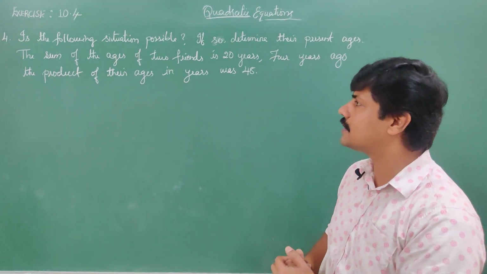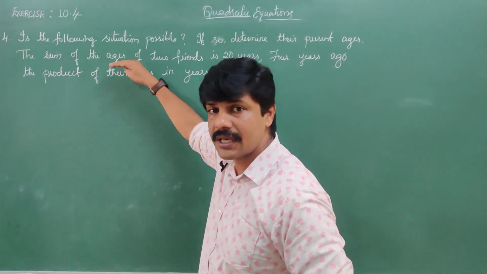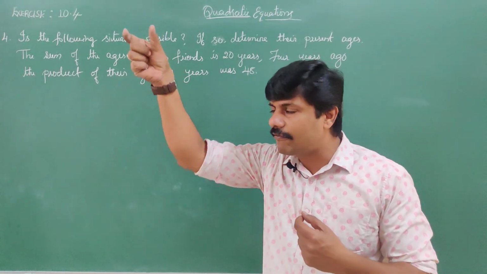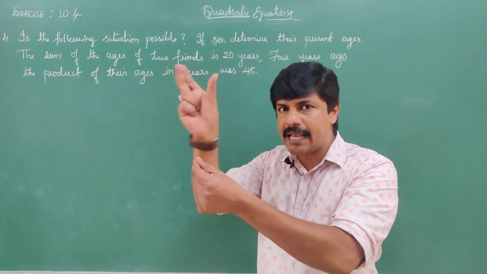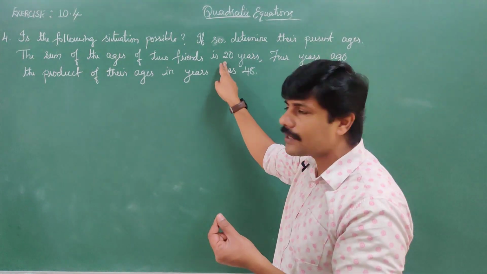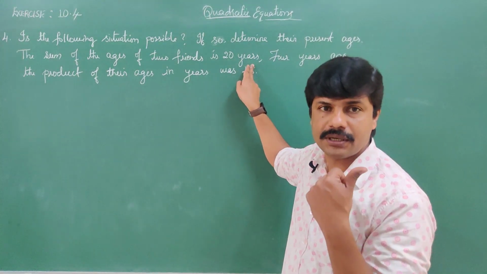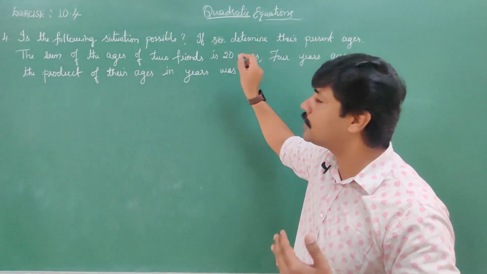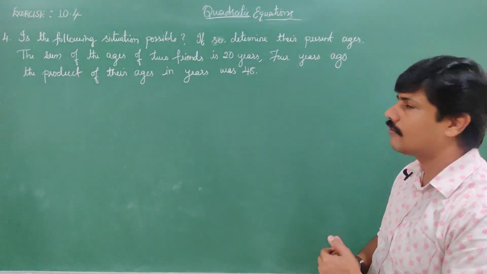What are the two conditions given? The sum of the ages of two friends, age of friend number 1 plus age of friend number 2, is equal to 20 years. Understand? That is the first statement.